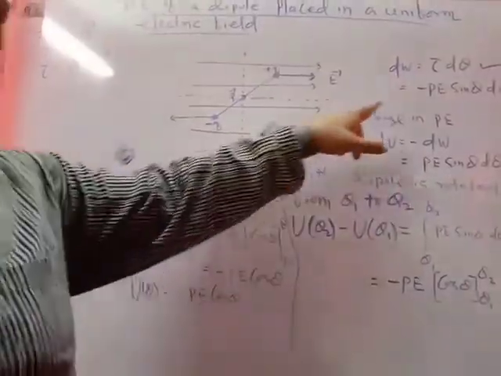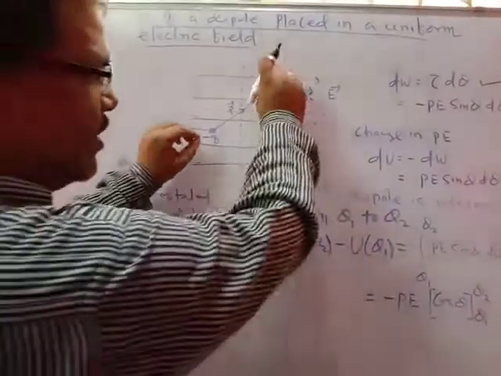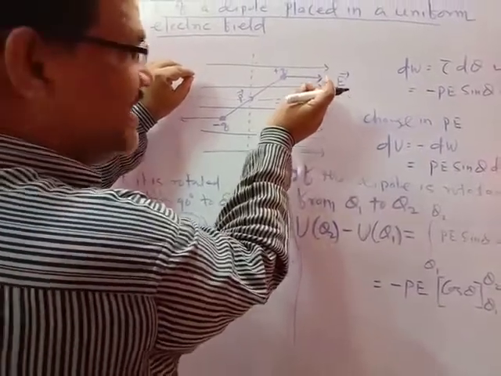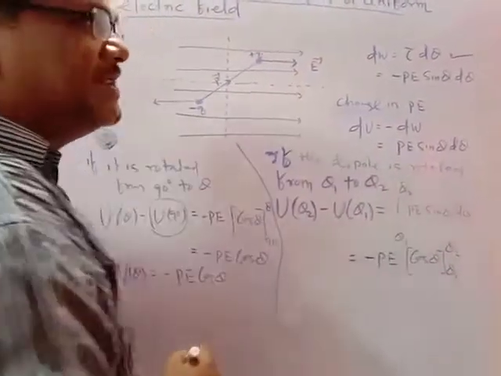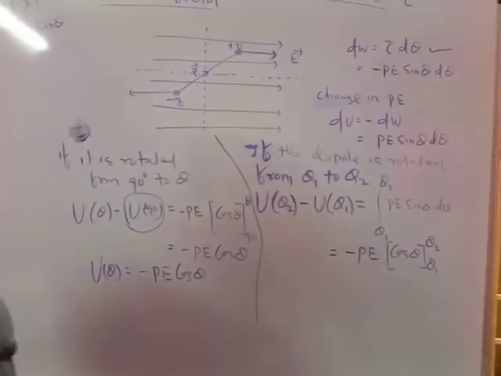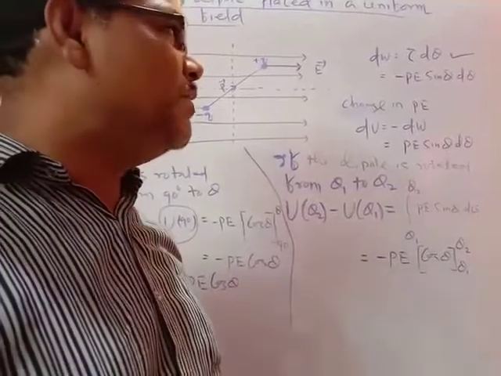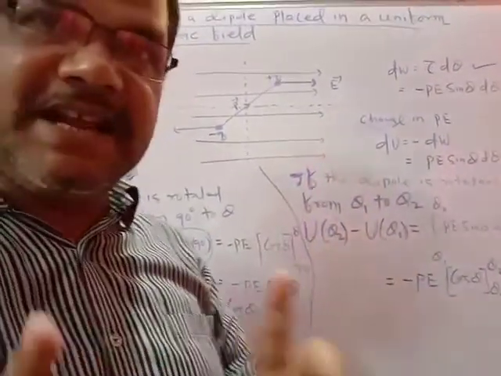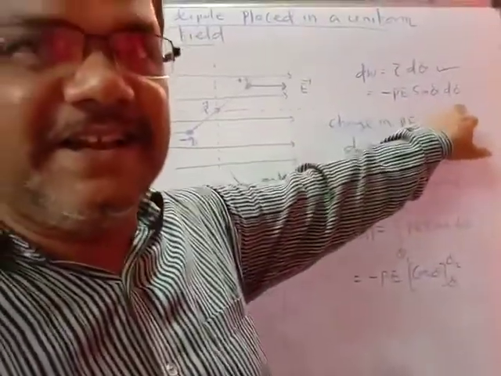The negative sign comes here because due to the torque the dipole rotates in the clockwise direction, and we are rotating the dipole by the angle d theta in the anti-clockwise direction. The rotation is opposite to that of the torque acting on the dipole due to the uniform electric field. I think it is clear. So dW equals minus PE sin theta d theta.